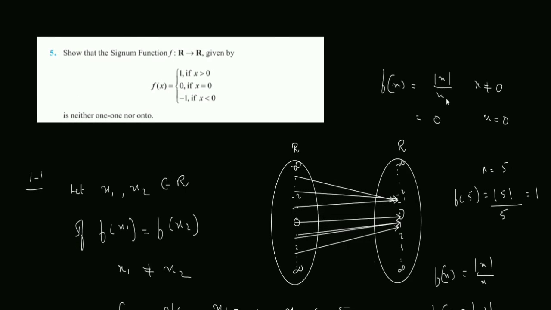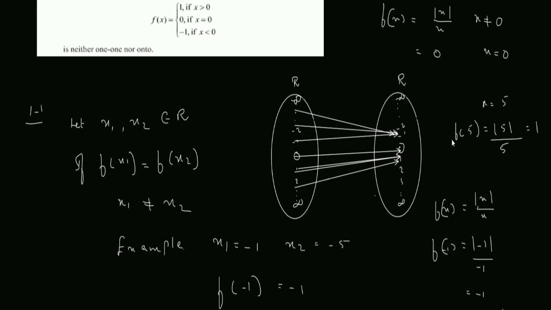Modulus of 5 by 5 is 1. So all the positive numbers will give the answer 1. If you put minus 1, modulus of minus 1 by minus 1 is minus 1. So all negative numbers will give the answer minus 1. You can see in this diagram, all the negative numbers will go to minus 1, all the positive will go to 1, 0 will go to 0.